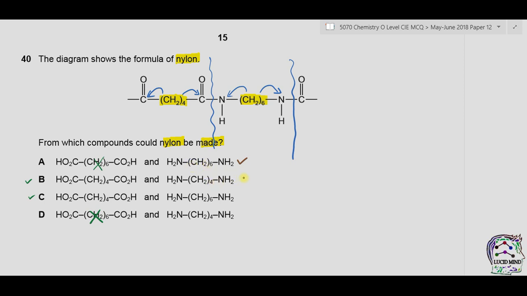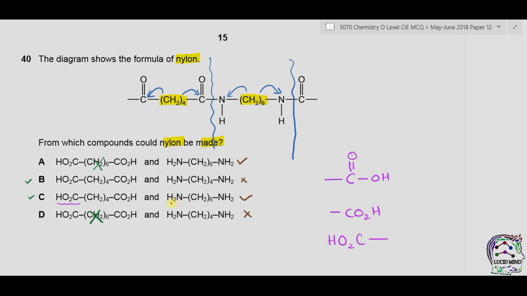These are 6, these are 4, this is 6, this is 4. C double bond O is formed from carboxylic acid. This is the carboxylic acid functional group CO2H. It can also be written like this, C double bond O, OH, or CO2H, or it can also be written like this in inverted form.